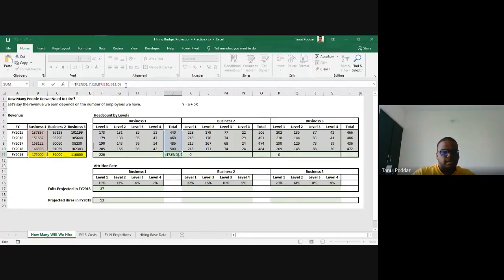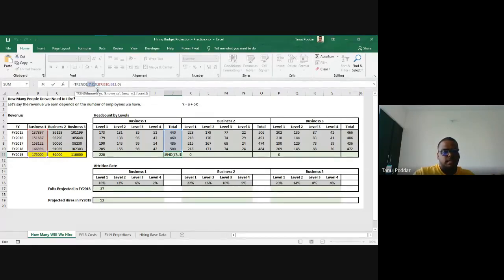In the TREND function, we first say what the known y's are. The variable that we're trying to find out is y, and this is dependent upon some other variable x. So here y is the headcount and x is the revenue.